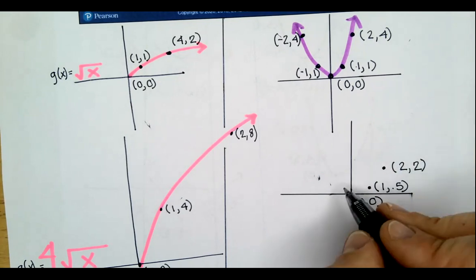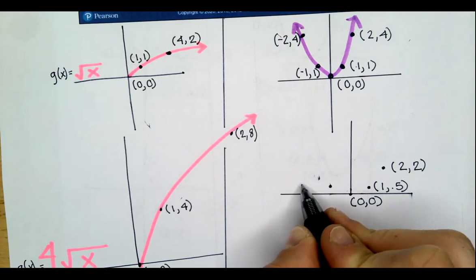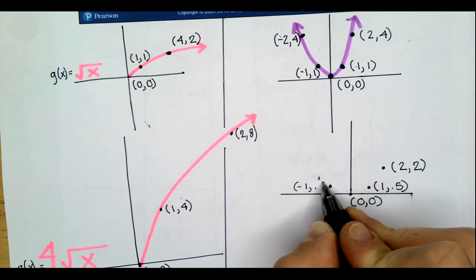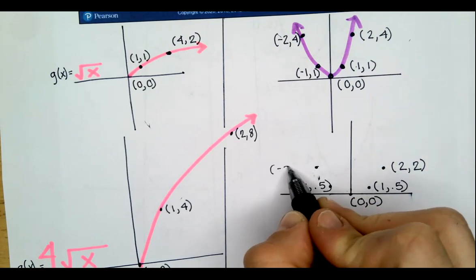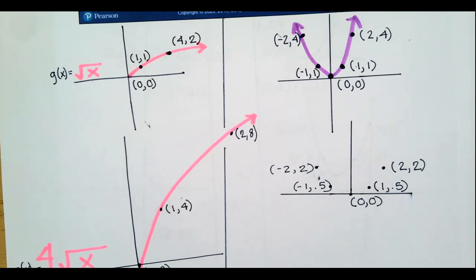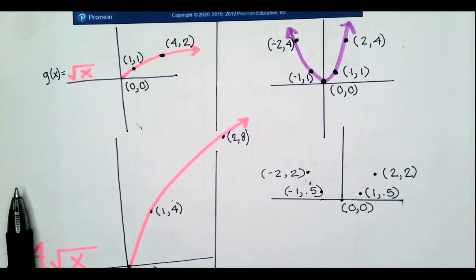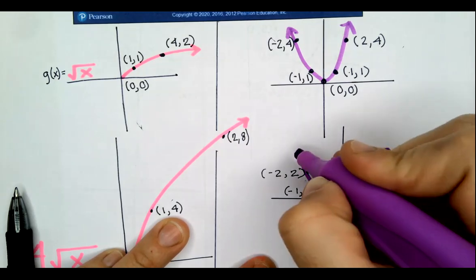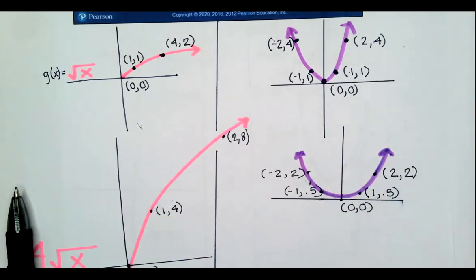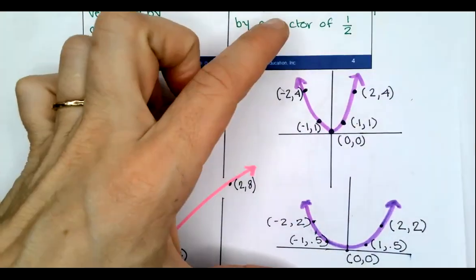So we've just made it a shorter, squatter parabola. It's that same graph, we compressed it by half.